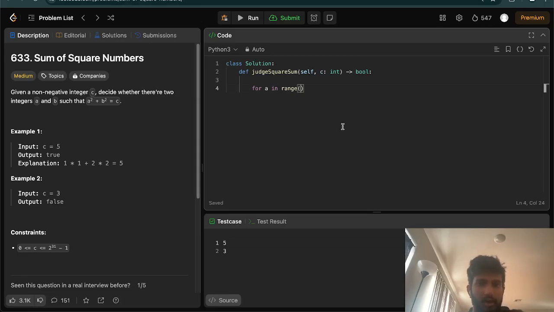If we reformulate this question, we have a to the power 2 plus b to the power 2 is equal to c, and we're looking for an a, which is the square root of c minus b squared, or better, a squared is equal to c minus b to the power 2.